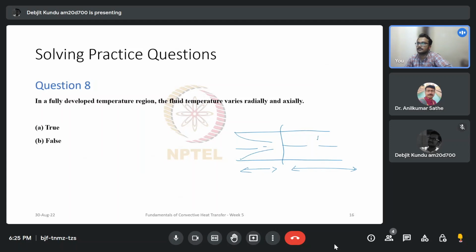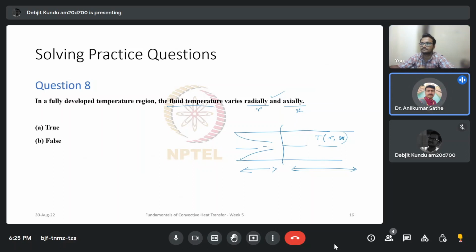Within this region, is temperature a function of both R and X? Does the fluid temperature vary radially and axially? Probably only radially. So this is false, because the question says 'and'. Even if it's not a function of either of them, the statement becomes incorrect.